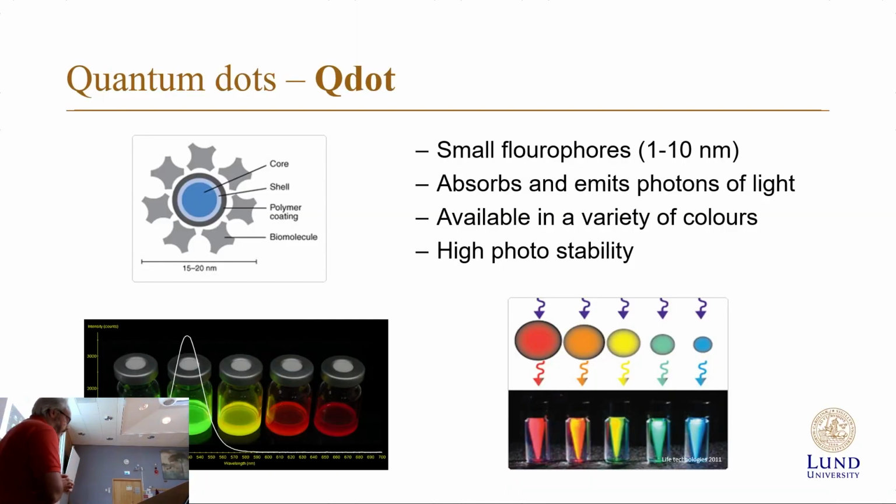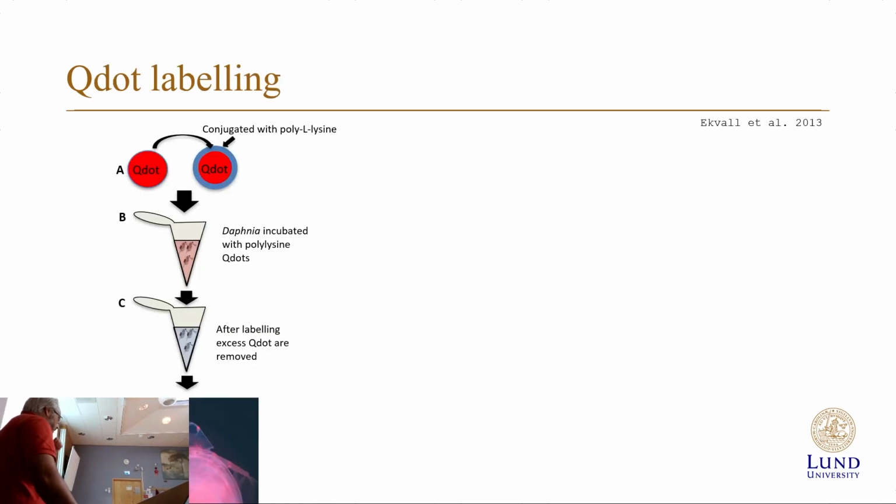We can do it, for instance, with fluorescent nanoparticles. Fluorescent means that they absorb light at shorter wavelengths and emit light at longer wavelengths, of a color of your choice. Things get interesting when colleagues from the aquatic unit in this department developed a protocol to label an entire organism and made a fluorescent Daphnia.